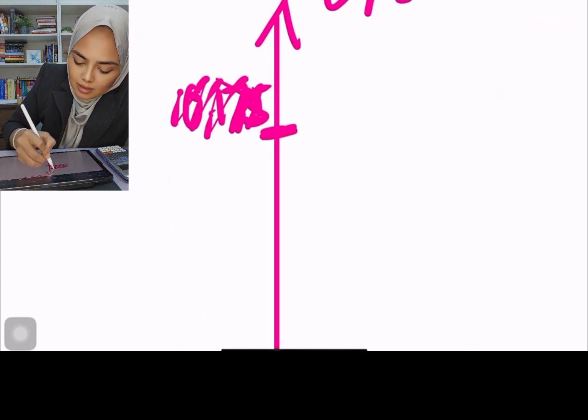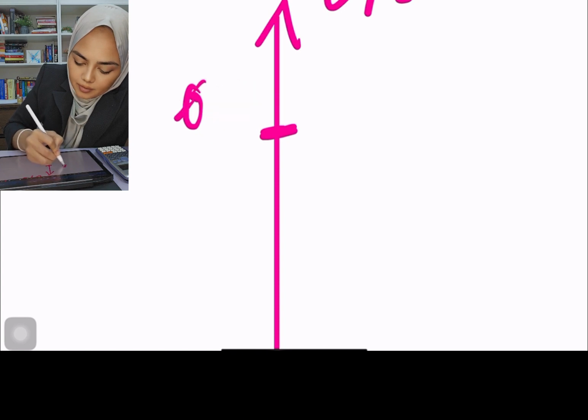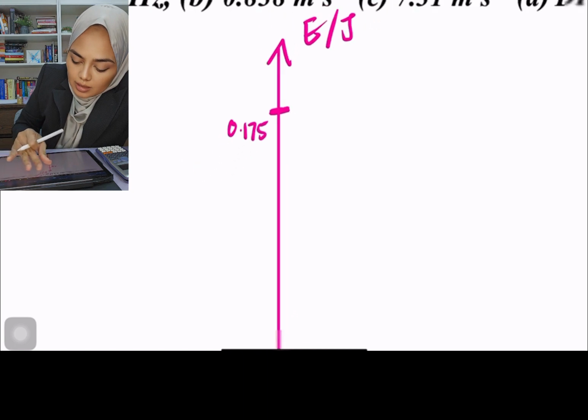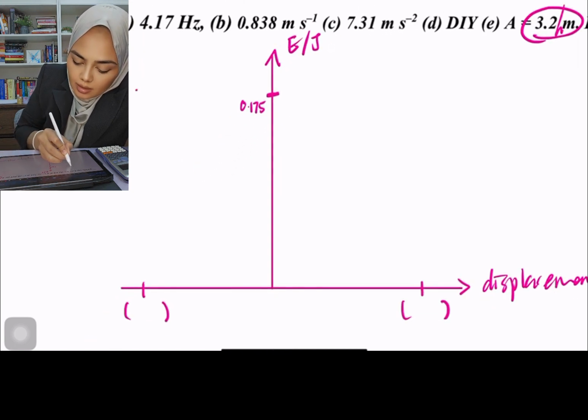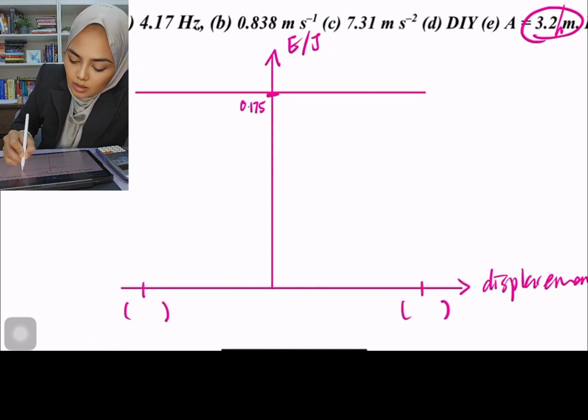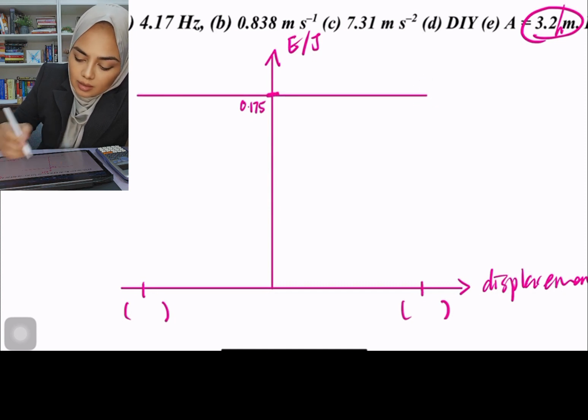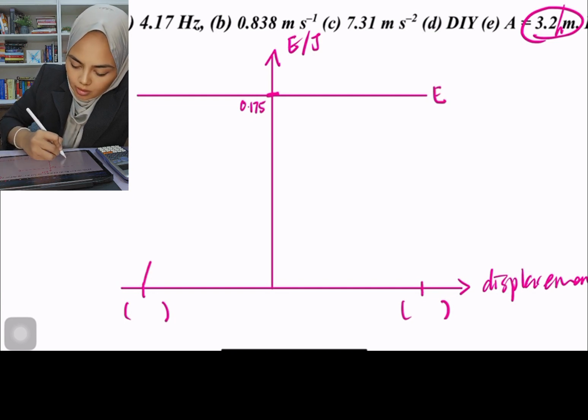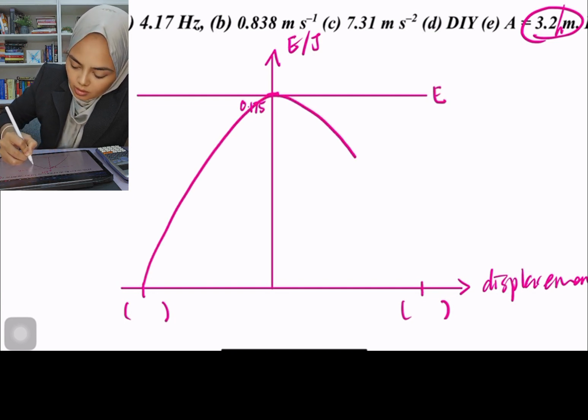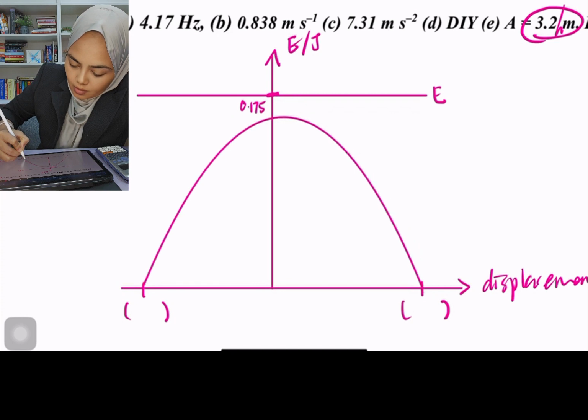Okay, it's quite ugly. Let me erase that. It is 0.175. Just add in there, and then our total energy graph should be like that. And then don't forget the label E, and then our kinetic energy graph.